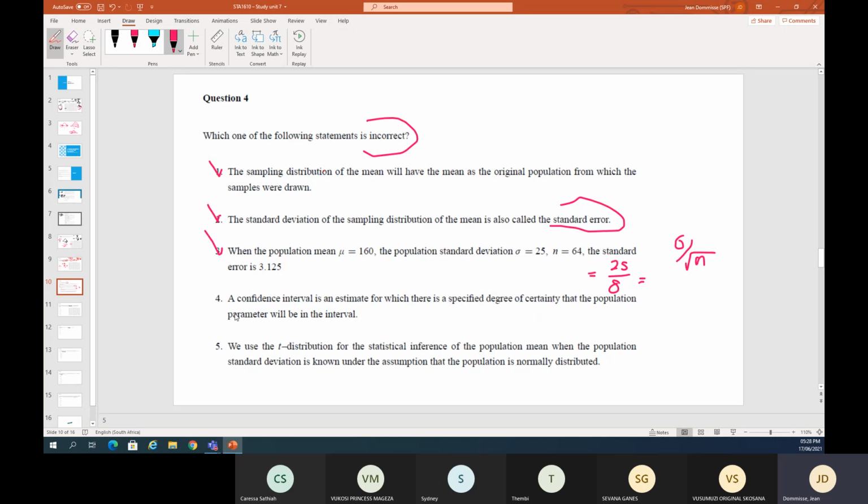So let's look at the next one. This is interesting that they ask it in here, because you have not done confidence intervals yet at this point. A confidence interval is an estimate for which there is a specified degree of certainty that the population parameter will fall within the interval. Let's illustrate that in a simple way. Say that is the mean you are looking at.